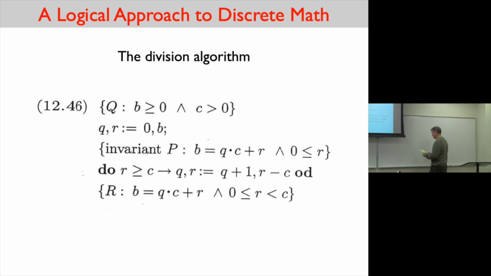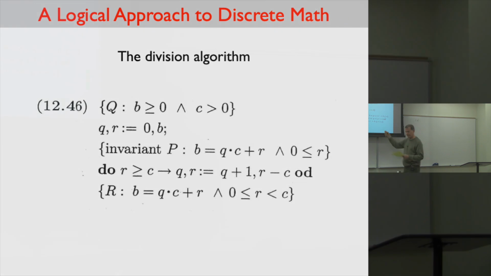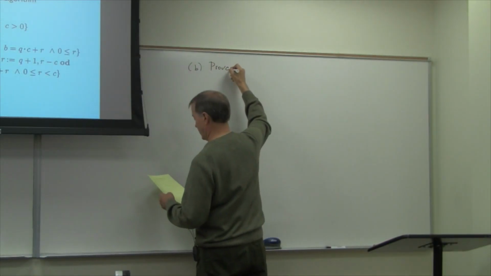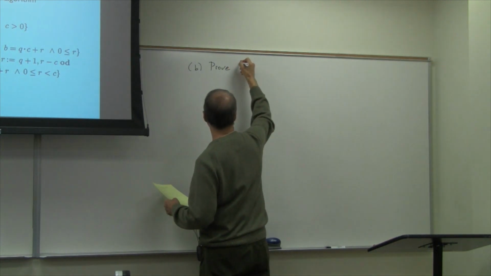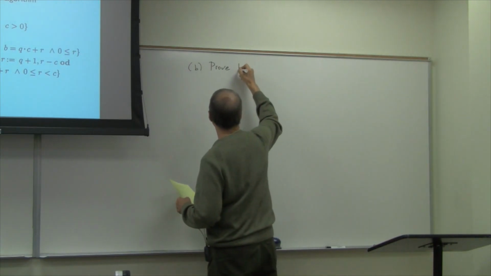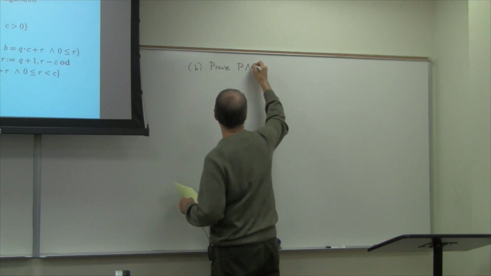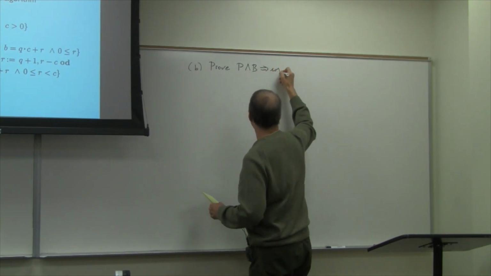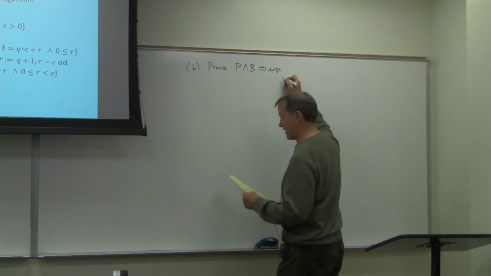Okay, so all right, so what was B? What do we have to prove for B? Now this time when this statement executes, the guard is true, right? So what we have to do in step B is to prove, what was it? P and B implies the weakest precondition dot, and now here's the statement.